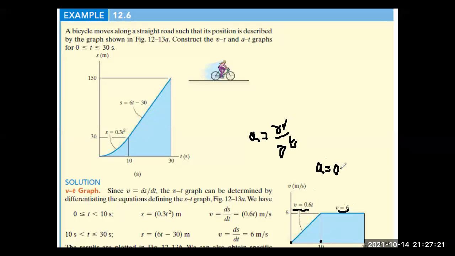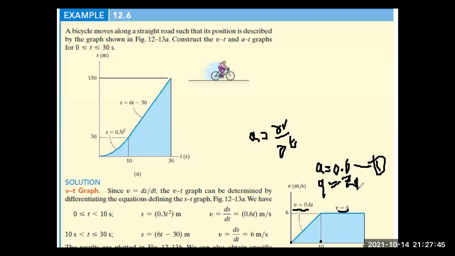0.6, exactly. So this would be my first equation for A, for this domain from 0 to 10. How about this? When I differentiate V with respect to T, what am I going to get? 0, exactly. So the second value for A would be equal to 0.